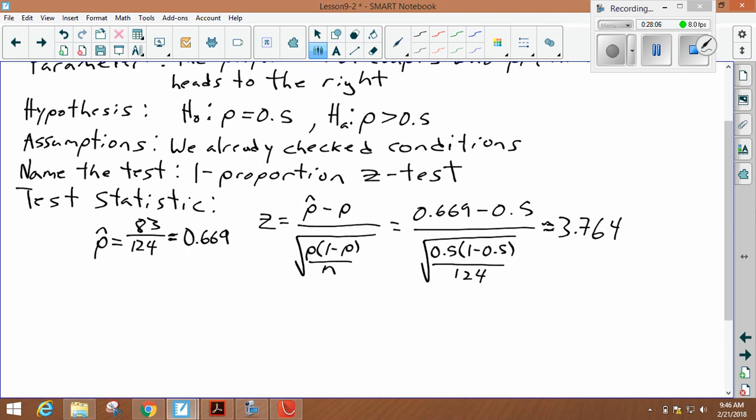If you have your z-table handy, check it out. 3 is a very extreme value. Also negative 3. Actually, 2 is an extreme value, as well as negative 2, if you look at it.